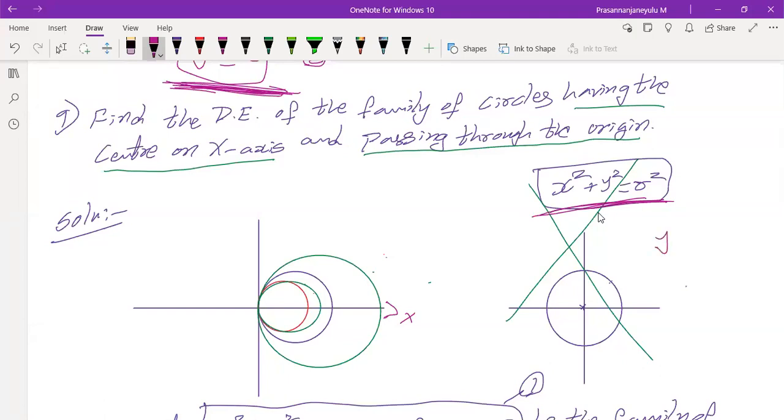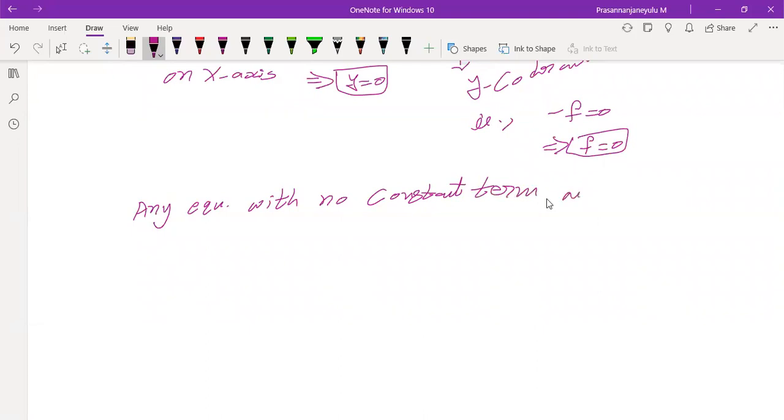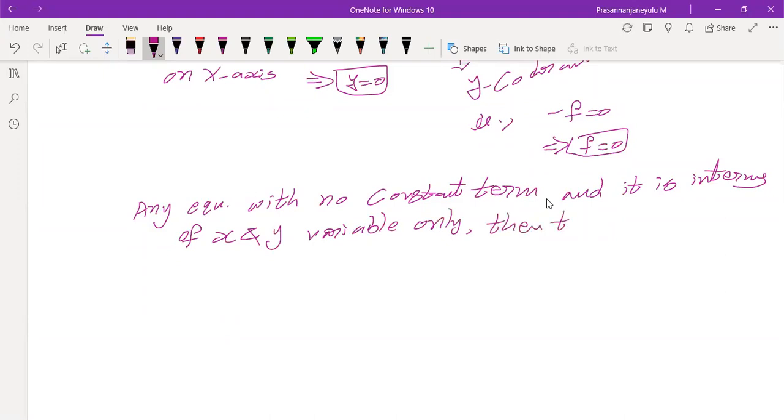For example, if I take an equation y equals f of x comma y, with no constant term, in terms of x and y variables only, then that equation passes through the origin. This is a very important point.